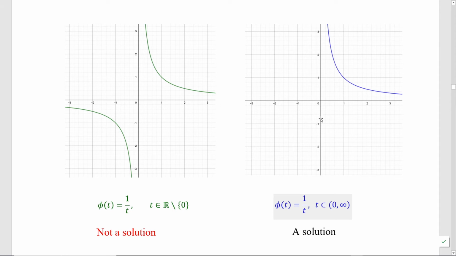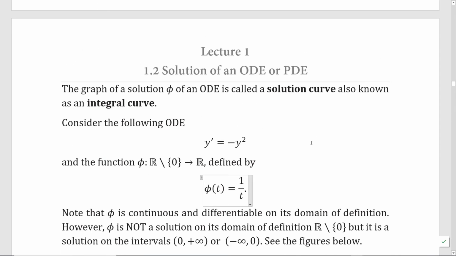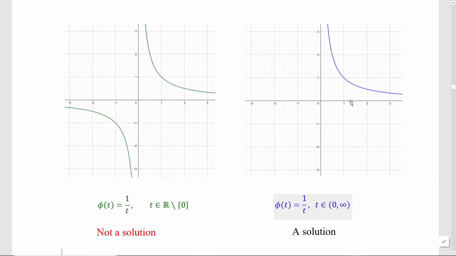And phi of t equals 1 over t defined for the positive values of t. So this blue curve is a solution of the differential equation we stated earlier, y prime equals negative y squared. So this graph is a solution curve of the differential equation y prime equals negative y squared. This is not a solution of that differential equation.